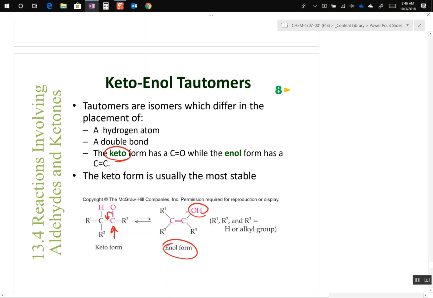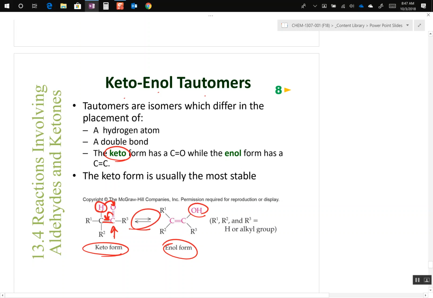Okay, so to the enol form from the keto form, and that's called tautomerization, and that's the keto-enol tautomers. Okay, so that double bond can go between the carbons instead, and when it does, this hydrogen has to move, and so it goes over here to the OH.